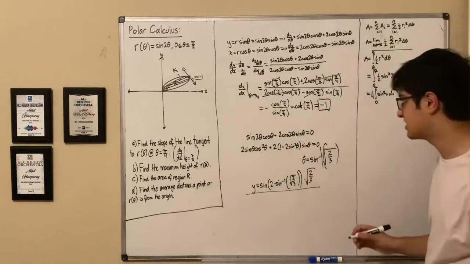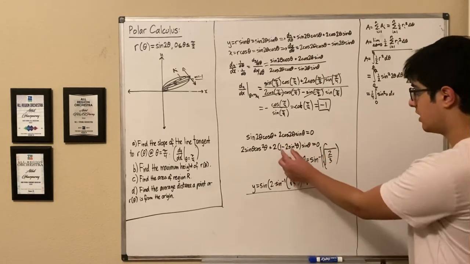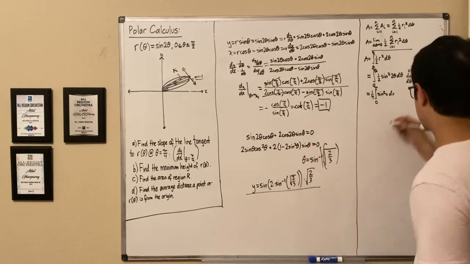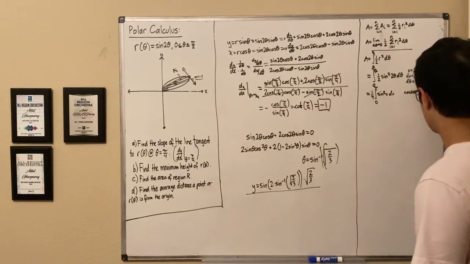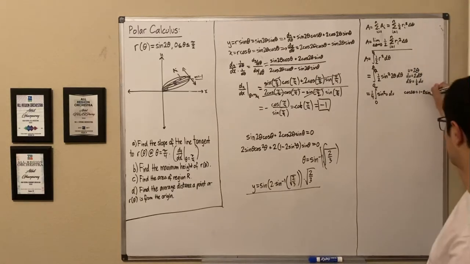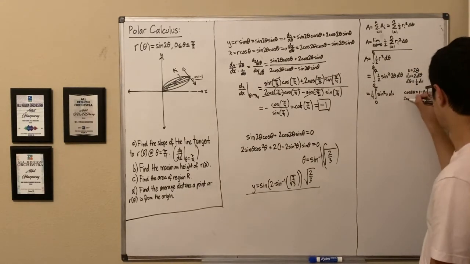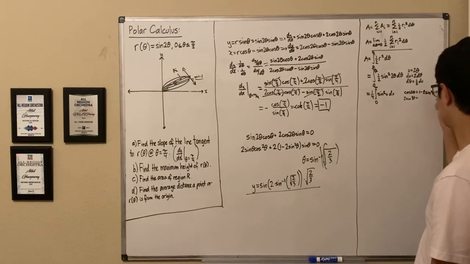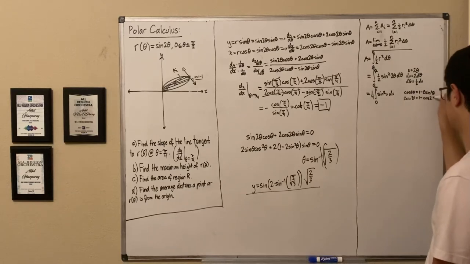Now, how do we integrate sine squared? Well, recall that the cosine 2 theta identity is 1 minus 2 sine squared theta. If we do some algebra, we get cosine 2 theta equals 1 minus 2 sine squared theta. And if you solve for 2 sine squared theta, you get that this is equal to 1 minus cosine 2 theta.